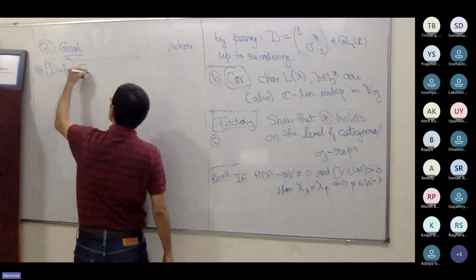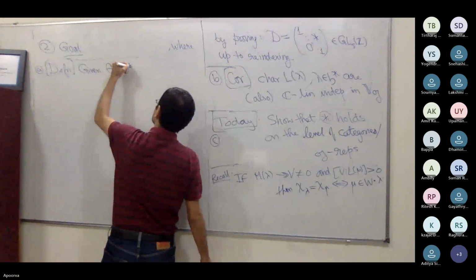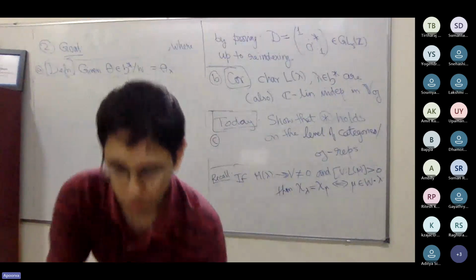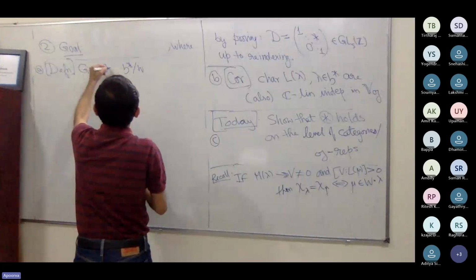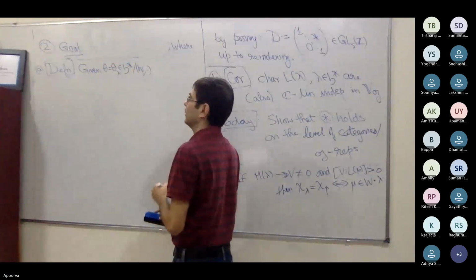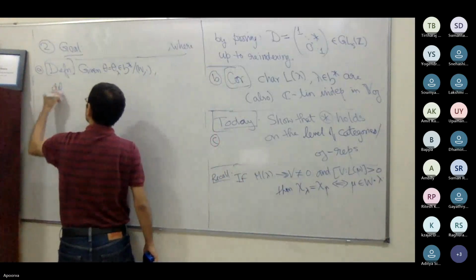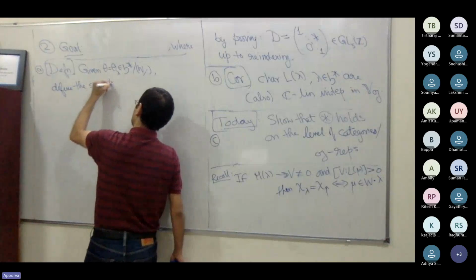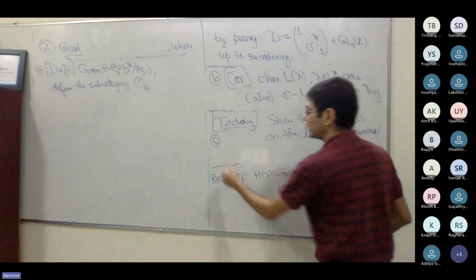So given a theta, given the central character or a twisted Weyl orbit, maybe I can even call it theta lambda. Define the subcategory O theta. So we have been defining this K of O theta, right?